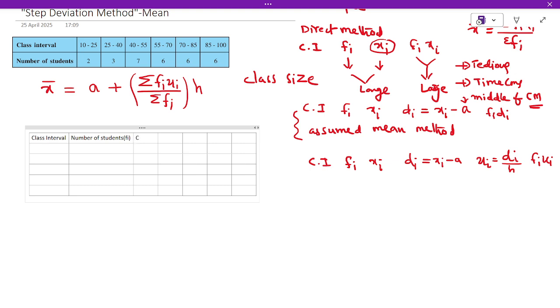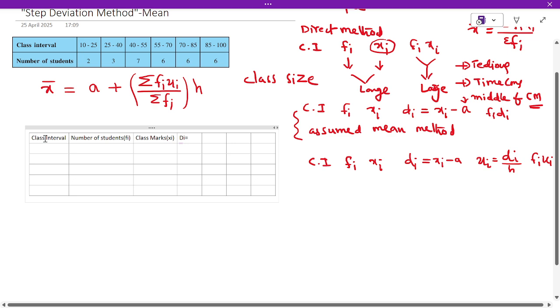The third column is the class mark, denoted with xi. Then we have di, the deviation from the assumed mean of each observation, which is xi minus a.